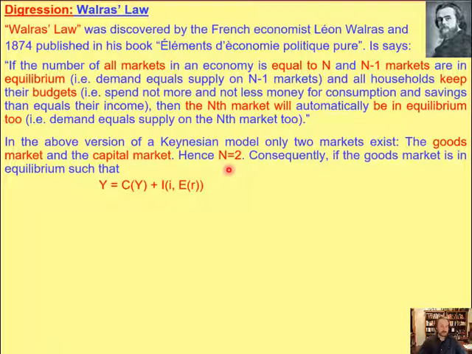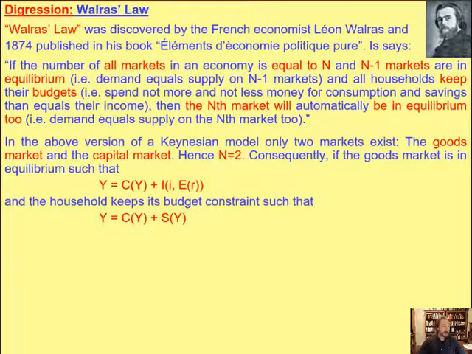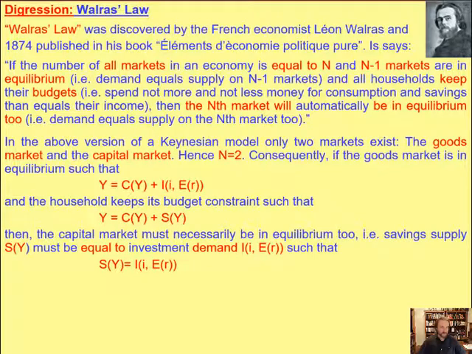Consequently, if the goods market is in equilibrium, such that GDP equals demand for consumption goods plus investment goods demand, and households keep additionally their budget constraint such that GDP equals also household consumption plus savings, then the capital market must necessarily be in equilibrium too.